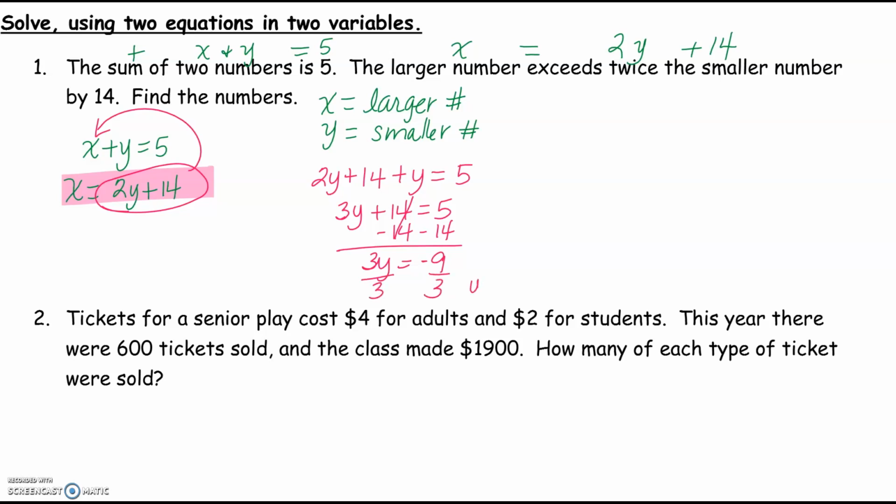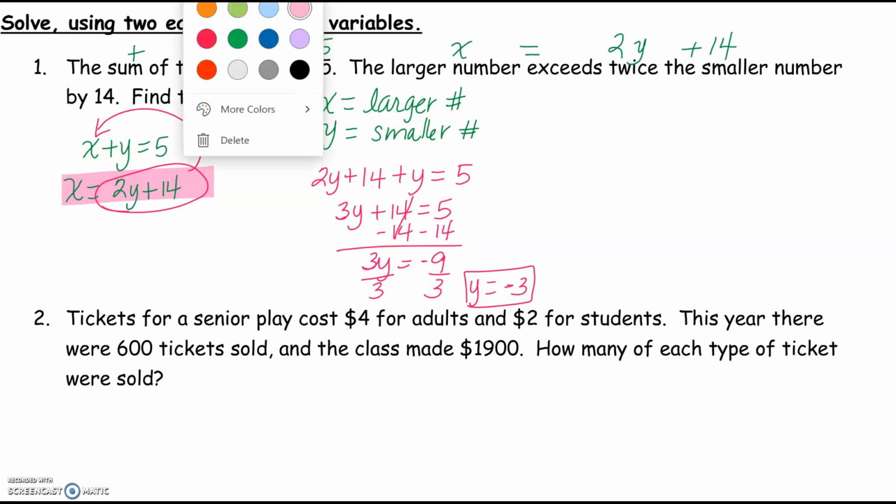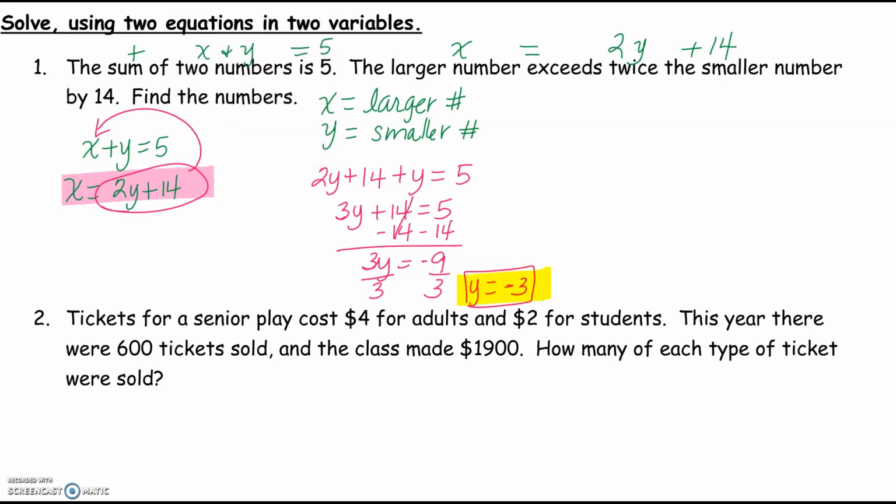I'm going to divide by 3 and get y equals negative 3. So I take that now and I plug it in. Where do I plug that into? The first equation. So I'm going to take my y equals negative 3 and plug it into there. So I get x minus 3 equals 5. I'm going to add 3 and get x equals 8.